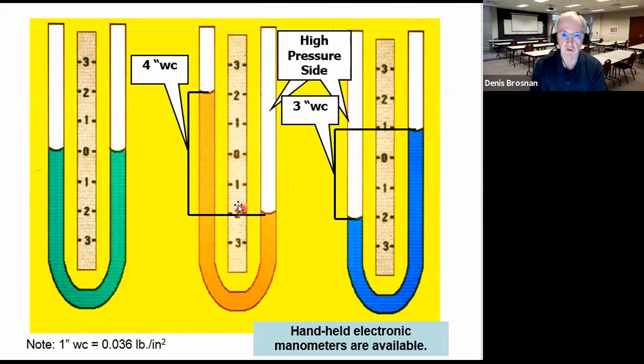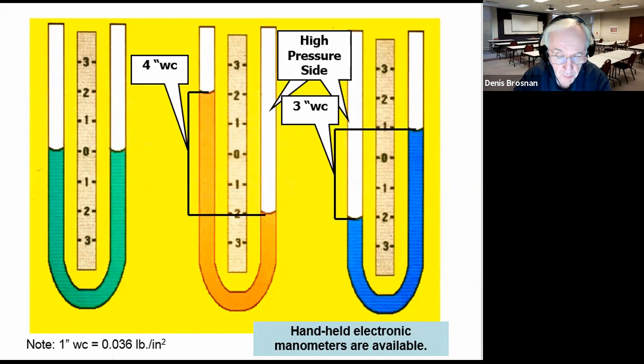Now, the graduation in this scale in the United States is water column. Okay, water column. For weather measurements, atmospheric pressure, we're used to mercury pressure determination in a U-tube manometer. Mercury is a lot denser than water, and water, because it's less dense, can show you very small changes relative to air.